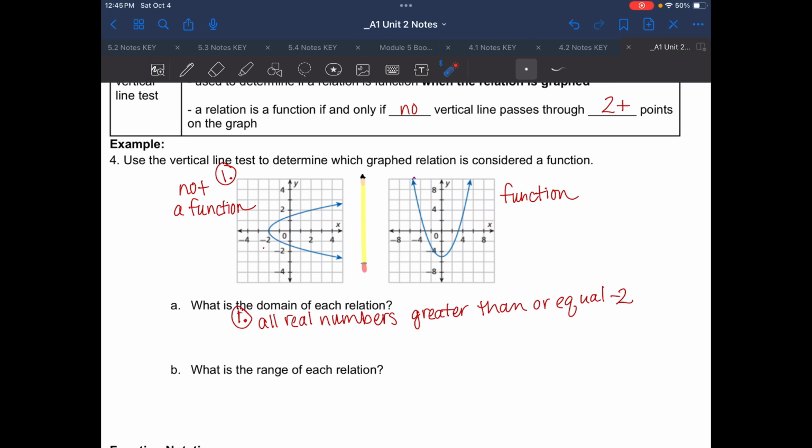Okay? Now, if we talk about the range, we're doing the domain of the second one. My bad. So the domain of the second graph, I am looking for all the possible x values. So I don't have like a stopping point to the left and right, okay? If I look at my graph, if I start at 0 for x, there is a y value, and as I move across, I continue to have y values for all these x values, and I have arrows that keep going up.